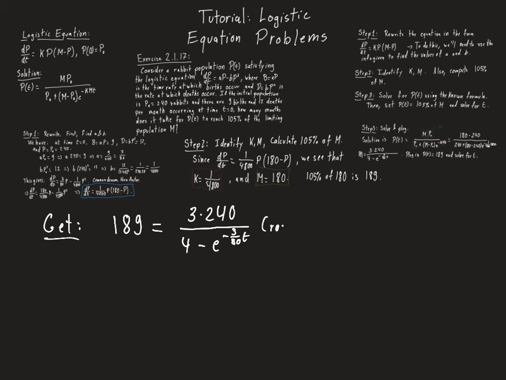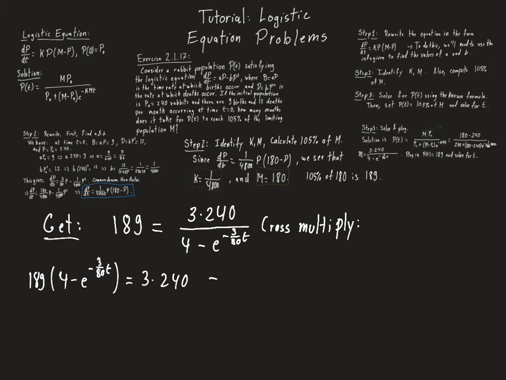Now, if we cross multiply, we get that 189 times 4 minus e to the negative 3 over 80 t is equal to 3 times 240.